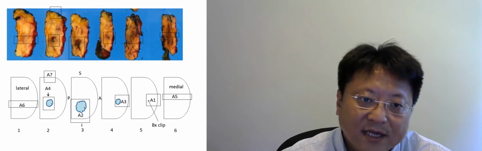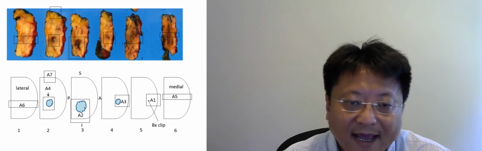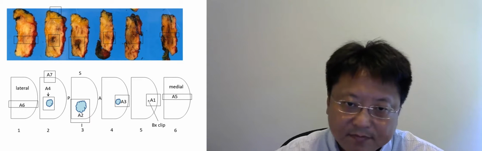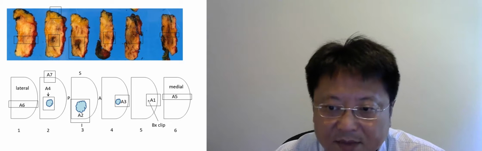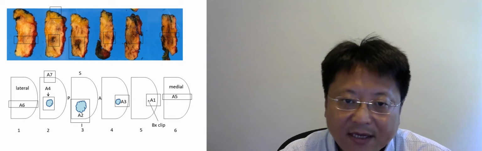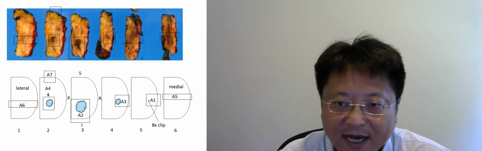A6 is a representative section of the lateral margin in slice number 1, and A7 is a representative superior margin. So this is how we generally gross a lumpectomy specimen. We have the slices there, we have the map showing where the lesions are, where the biopsy clip is, and how we take the sections.